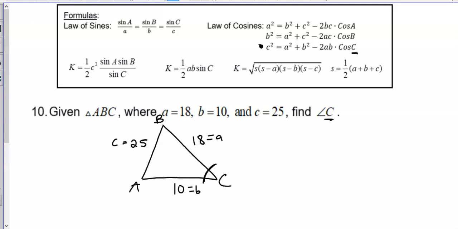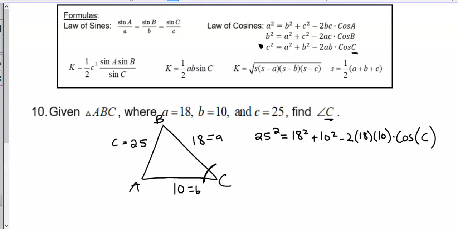So 25 squared equals 18 squared plus 10 squared minus 2 times a times b, so 18 times 10 times cosine of C. Cosine of C is the one we're finding. So that's where our variable is. When you're doing law of cosines or law of sines, you should only have one variable in your problem. So double check and make sure that you have numbers everywhere else except for in that one spot.